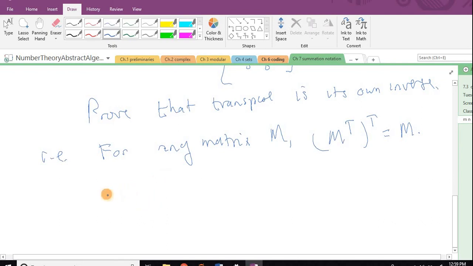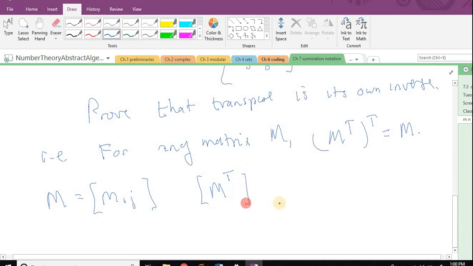So, for any matrix M, every element inside would be Mij. Yes, you have Mij. So I can write M as an array of these elements.